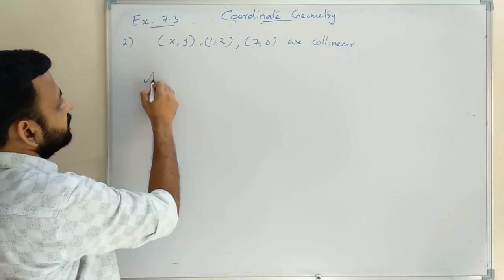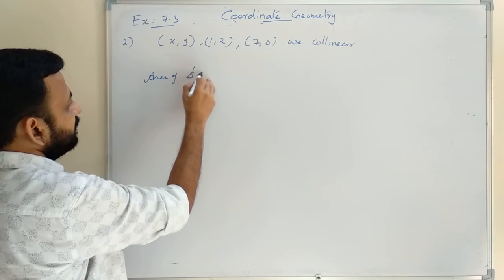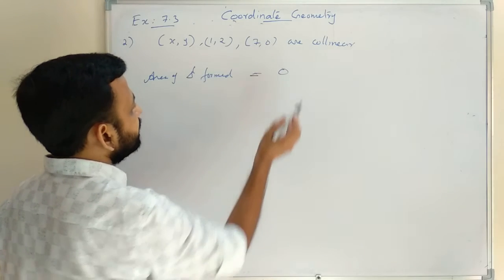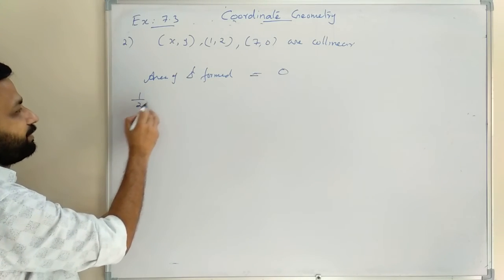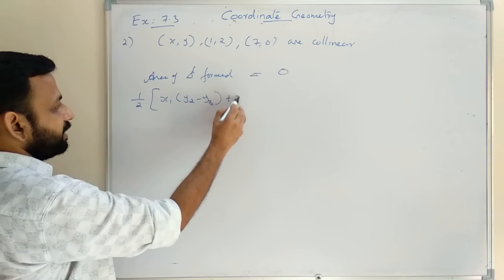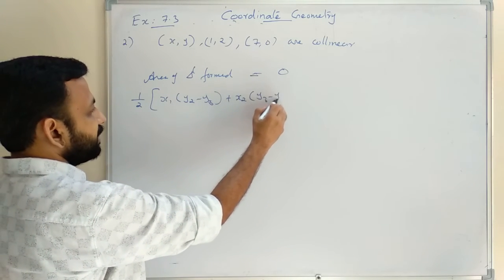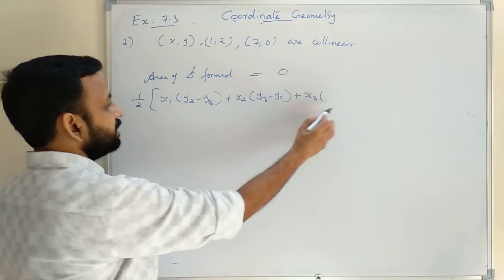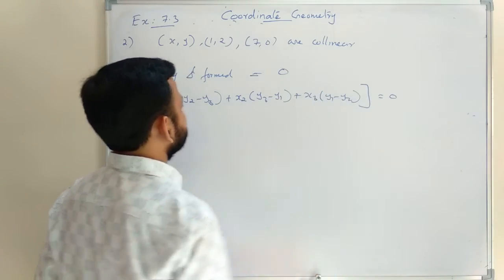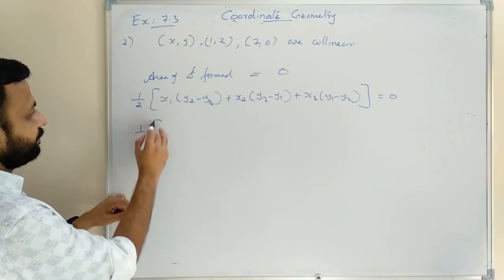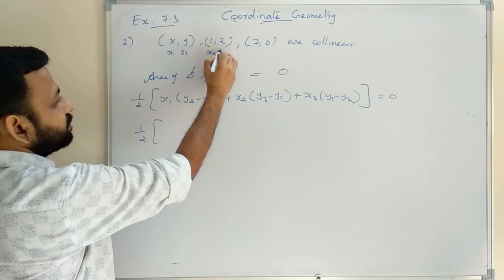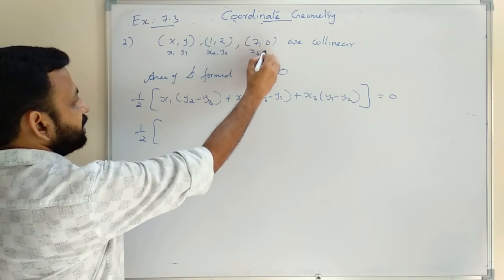So area of triangle formed equal to 0. Then we can write the formula 1 by 2 into x1 (y2 minus y3) plus x2 (y3 minus y1) plus x3 (y1 minus y2) equal to 0. Now we can replace the values x1 y1, x2 y2, x3 y3.